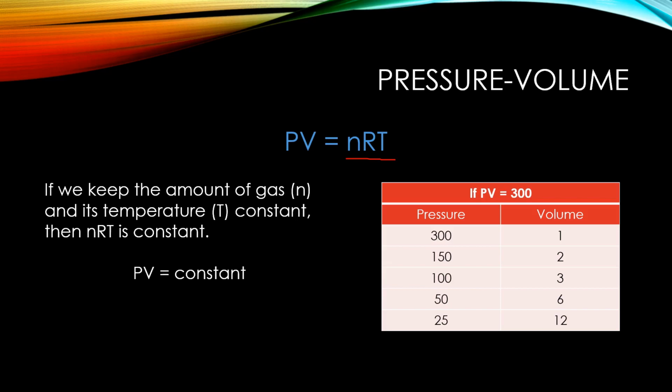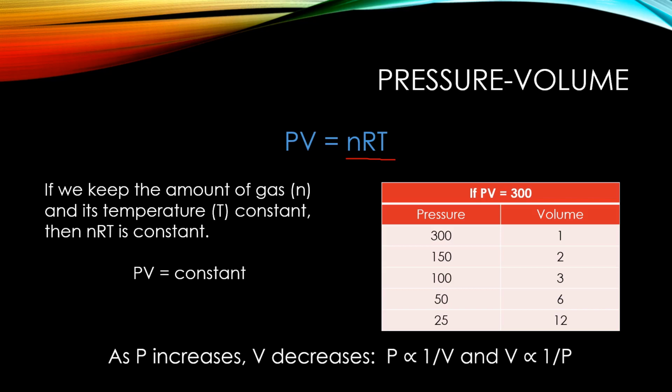As the pressure decreases, the volume increases. What this means is that pressure and volume are inversely proportional, meaning that the pressure is proportional to 1 over the volume, and the volume is proportional to 1 over the pressure. As one increases, the other must decrease.